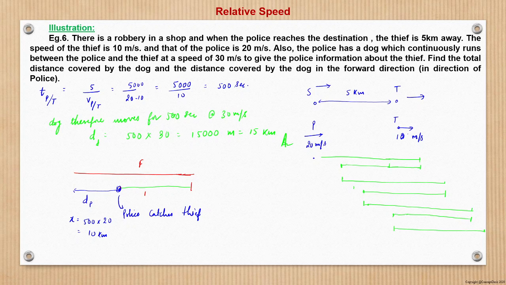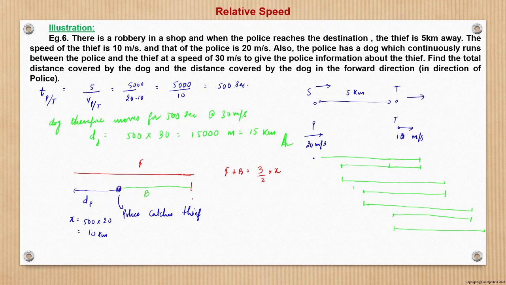And now, since in the same time the speed of the dog is 3 by 2 times the speed of the police, the distance covered by the dog, represented in the red and the green line, that is f plus b, total will be 3 by 2 into x, right?